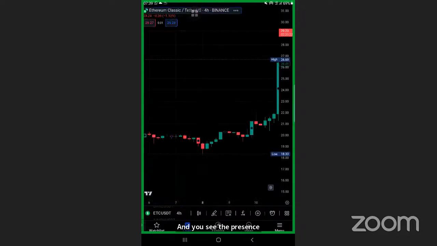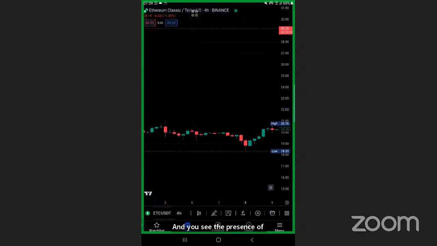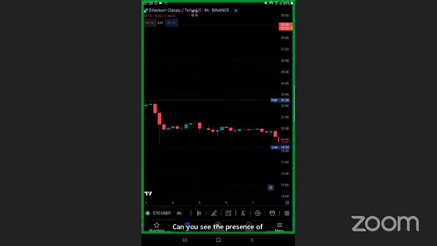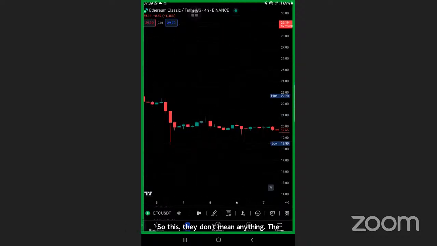But can you see where they are formed? Can you see areas where these dojis are formed? These don't mean anything. The market is still ranging.